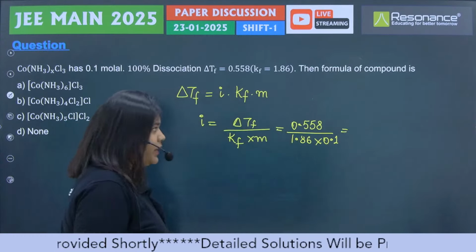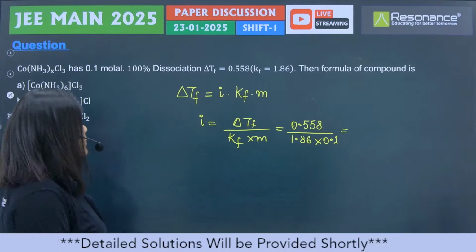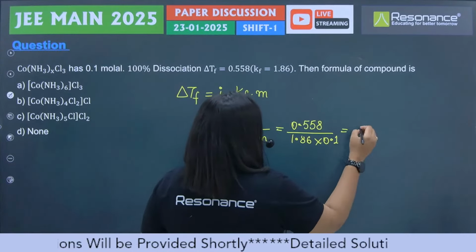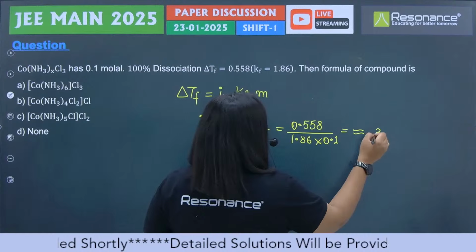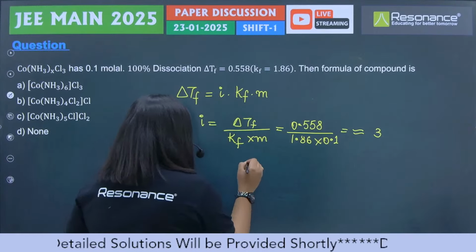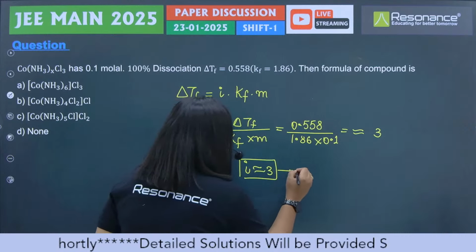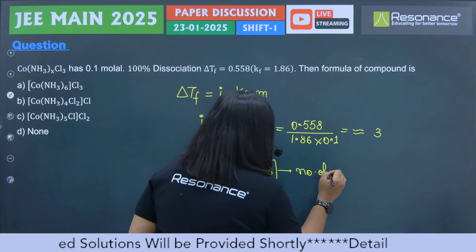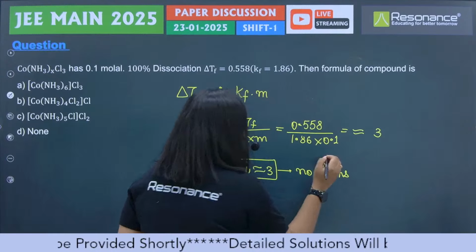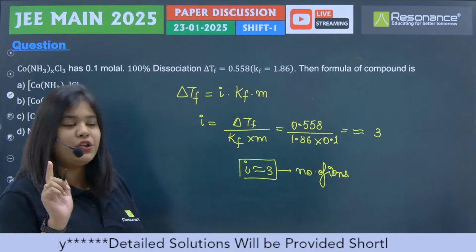When you solve this question, the approximate value comes out to be 3. That means i equals 3, meaning the number of ions on dissociation you will get is 3.